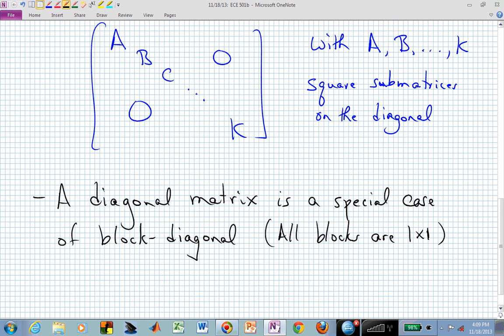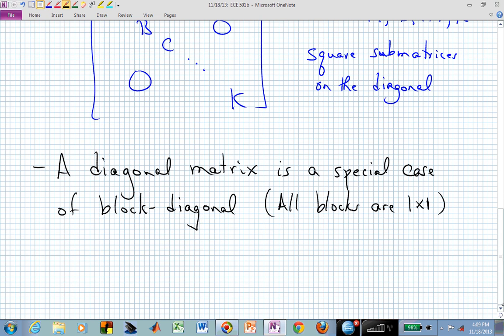So a diagonal matrix is a special case of this block diagonal structure. We can also have the other extreme, and that's any matrix, where the entire matrix is a single block.